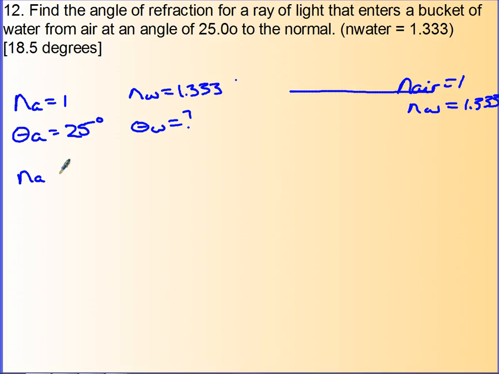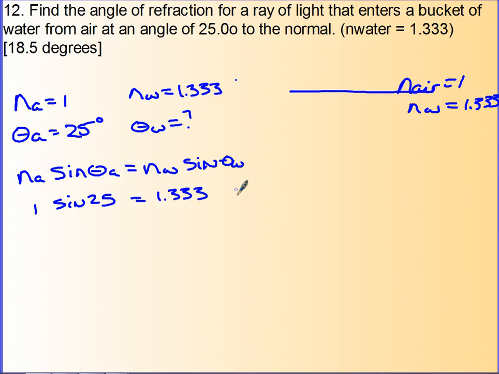So I know N of air, sine theta of air equals N of water, sine theta water. So 1 sine of 25 is equal to 1.333 sine theta of water.